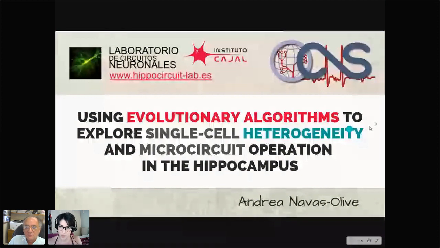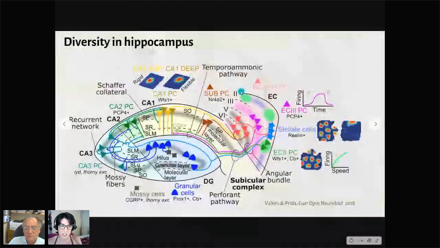So let's start with this picture. Maybe it's not the best picture to start a talk, but why? Because it's too complex. And again, why? Because it has too many different elements in it. Well, that's precisely why I want to start here. The hippocampus was thought to be a structure where the information flowed linearly from the entorhinal cortex to the dentate gyrus up to CA1.